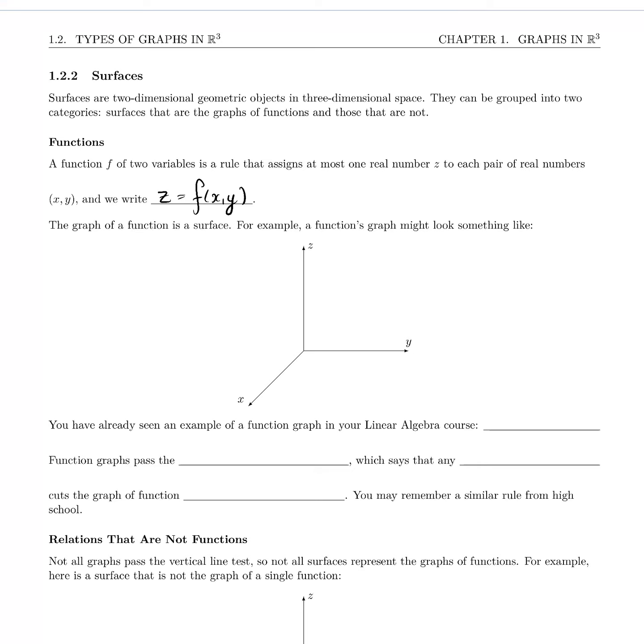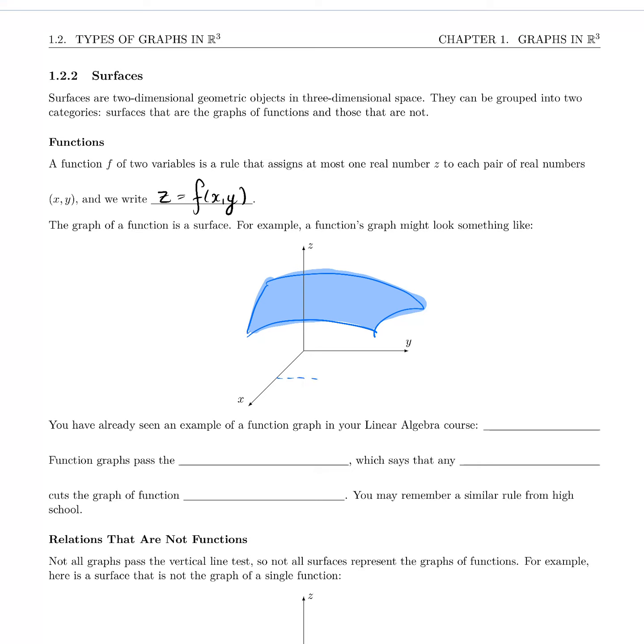For example, a function's graph might look something like this. This looks maybe a little familiar. This might remind you of something that you've seen in linear, but is a little curvy.